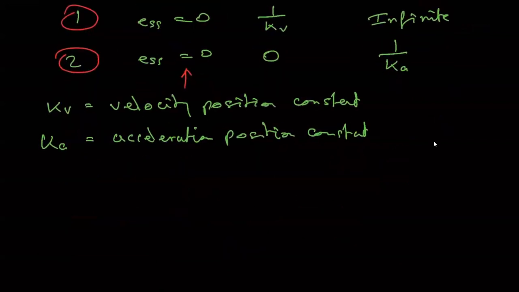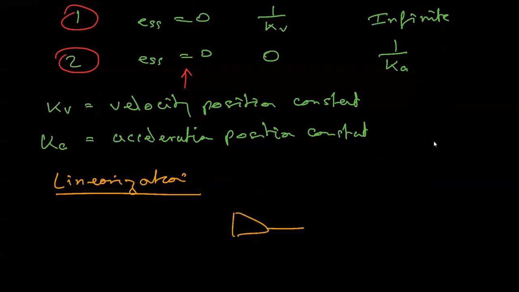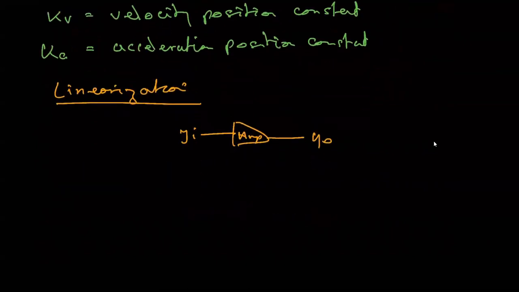The next thing I want to mention in this part is just the linearization. So if you have an amplifier with an input and an output, the perfect amplifier takes the input, multiplies it by some scaling factor, and gives you the output.